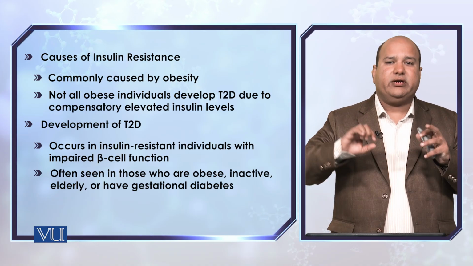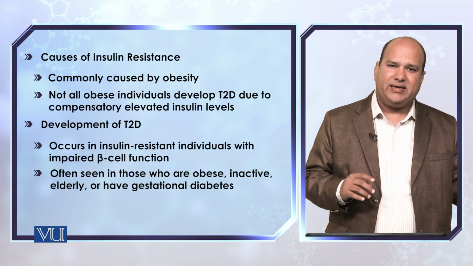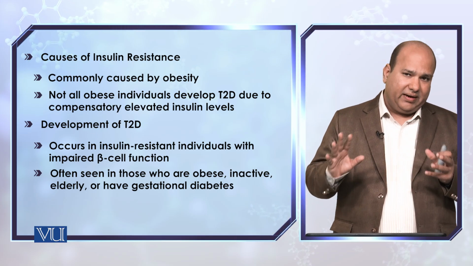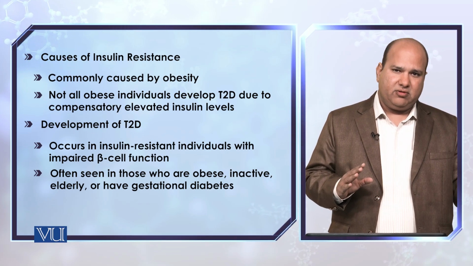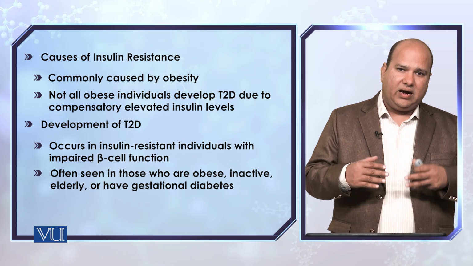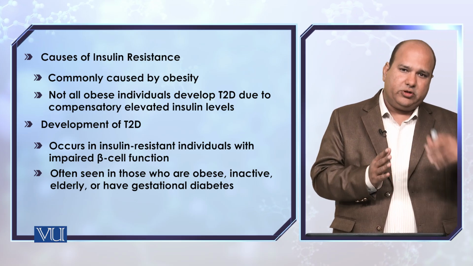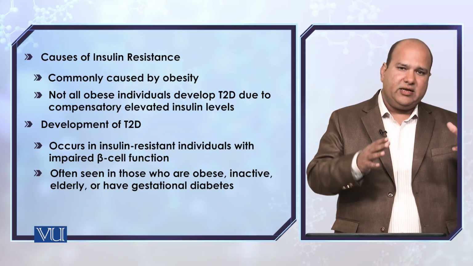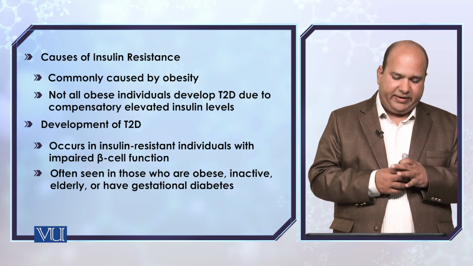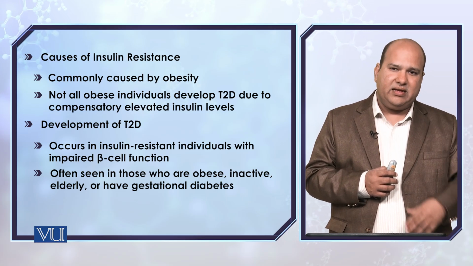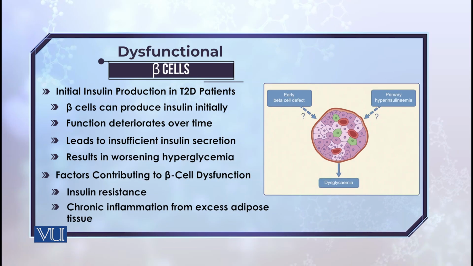But keep in mind that it doesn't mean that all obese people have type 2 diabetes, but the majority of diabetic people are obese, and most obese people have diabetes or develop diabetes in the long run. Then there is this one thing, that your body systems are not responding to insulin. They are resistant to insulin.